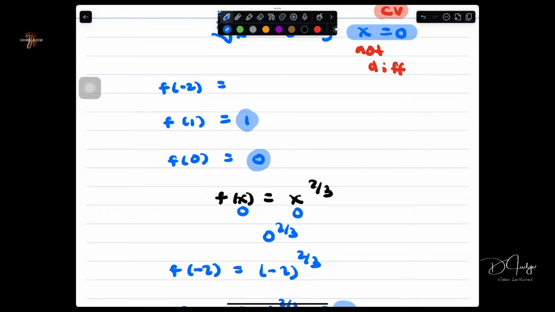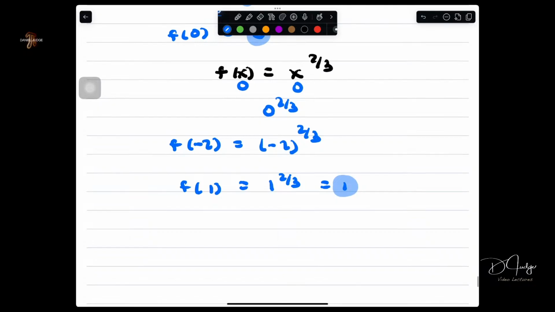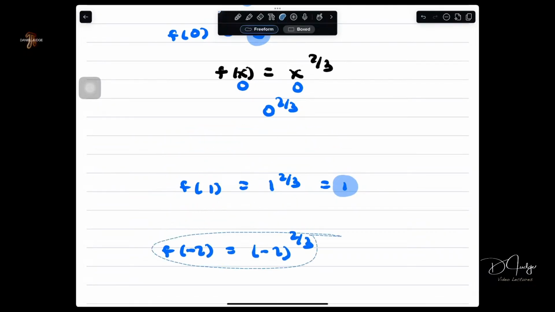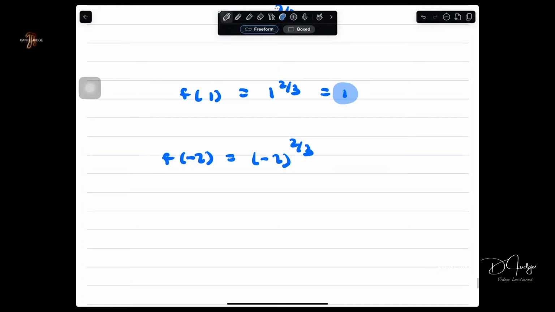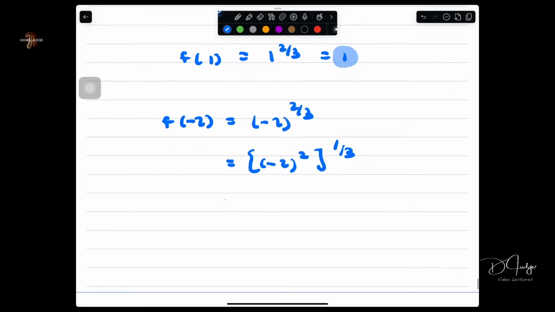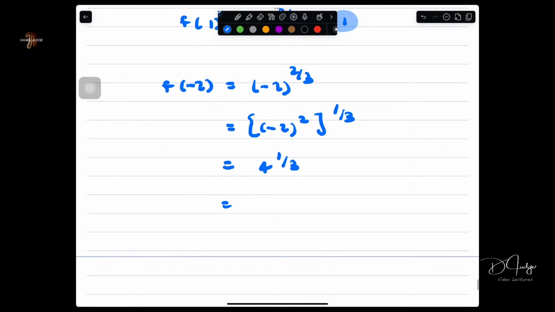We just have to evaluate f of -2 here. So let's find out what this is. This is going to be -2 to the 2nd power, and then we're going to take that to the 1/3 power. So this gives you really 4 to the 1/3 power, or the cube root of 4.